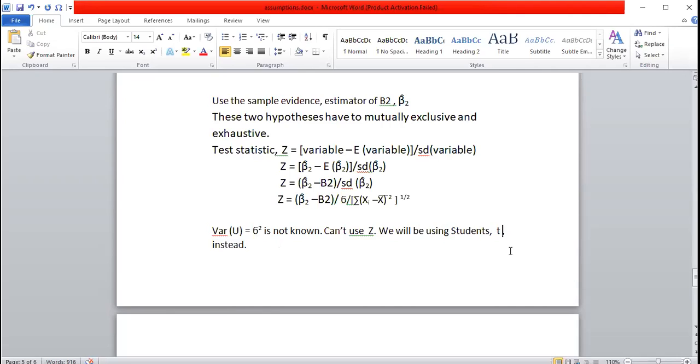We'll show you the T table. Z table we already know. Now we will resort to T tables. But why are we doing T? We are doing T because we cannot resort to Z. Why can we not do Z? Because sigma square is not known. So we will be using T, which avoids using sigma square. T will be using something which is known to us.